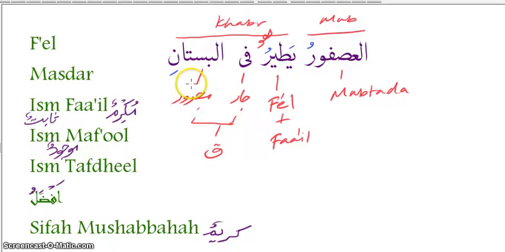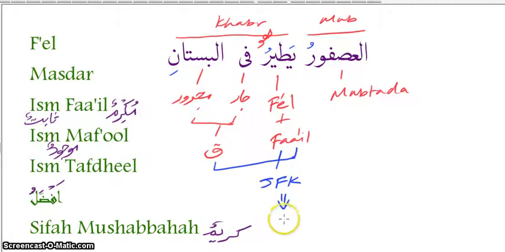So jar majroor, in this particular example, we can say safely that there's a fi'l here. Yatiru is the fi'l, so we can link this muta'alliq onto the fi'l and the fa'il, and they'll all combine to become jumla fi'liya khabariya. And then the jumla fi'liya khabariya becomes the khabar.